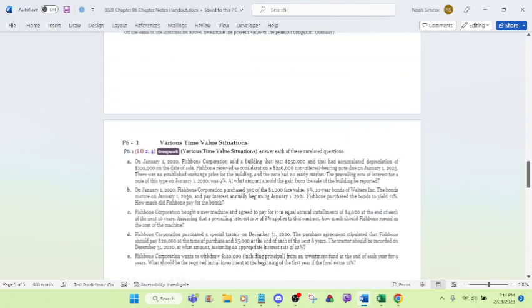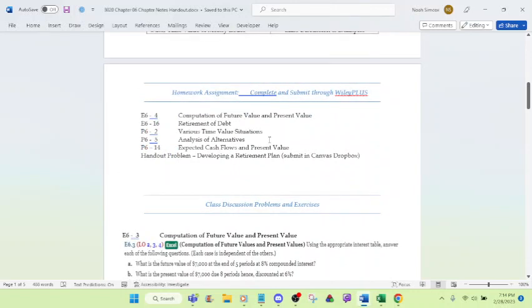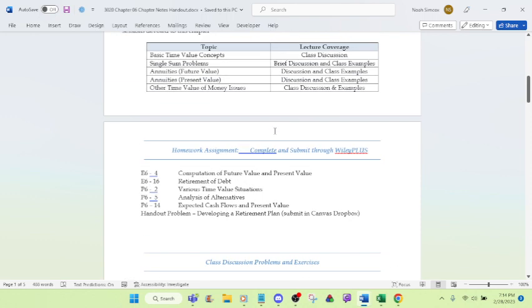Oh, come on. Retirement of debt is actually not quite what we're looking for anyways. We're looking for a problem that involves... Gosh dang it.